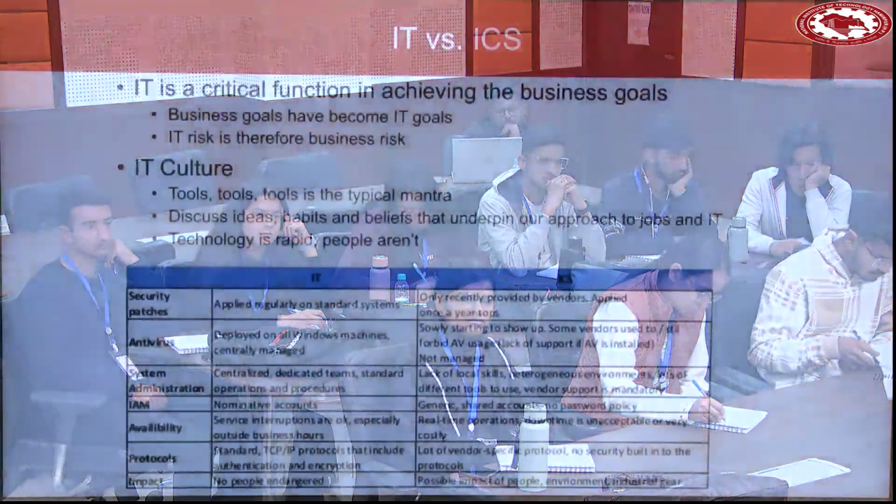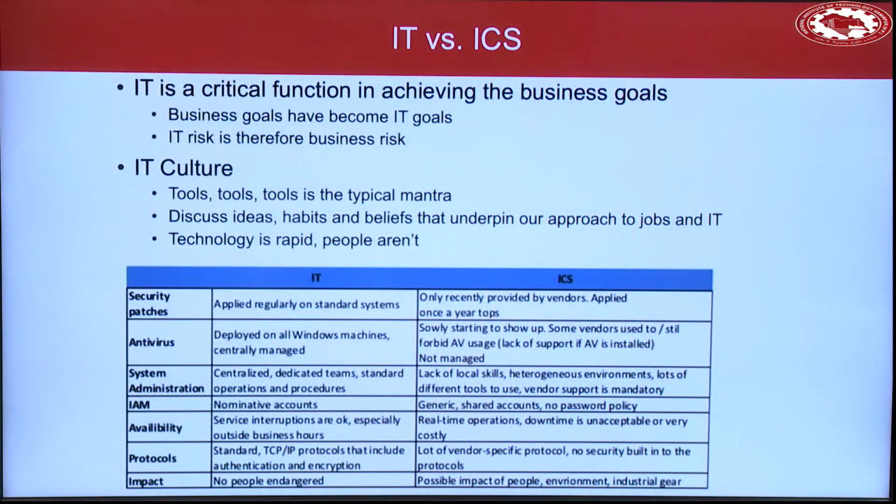Impact. When something goes wrong in your IT system, what can go wrong? People might compromise your device, steal your data, modify the data. Does it have any impact on people? Safety? No. On the other hand, in an ICS system, it potentially does have impact, not just modification of data, but consequences of how the attack can impact the system.